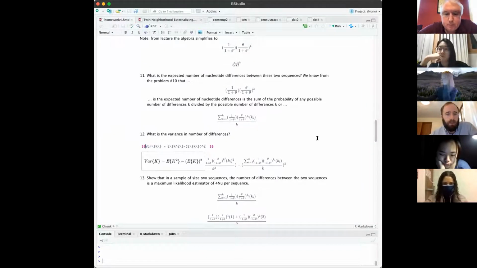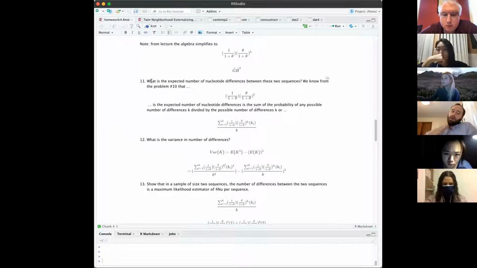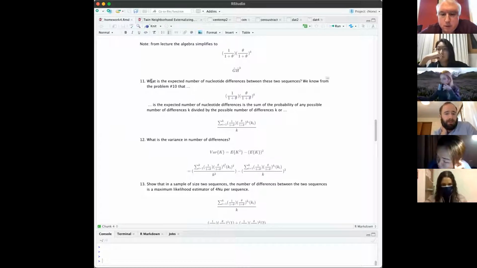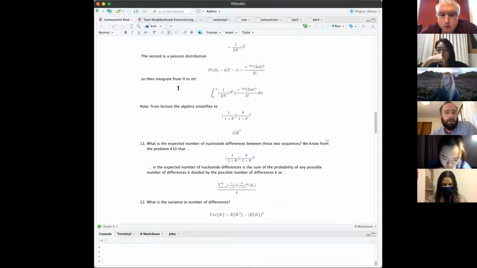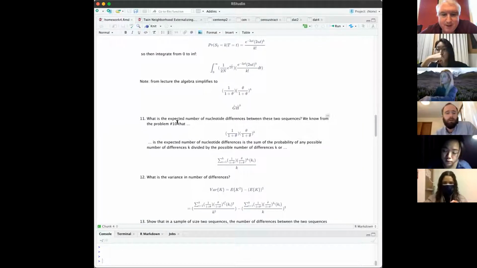Essentially, what we're trying to do here is describe the expected number of nucleotide differences for question number 11, but from problem 10.